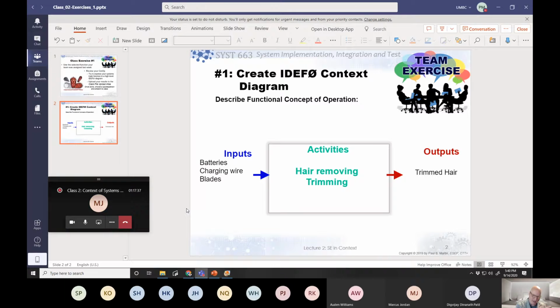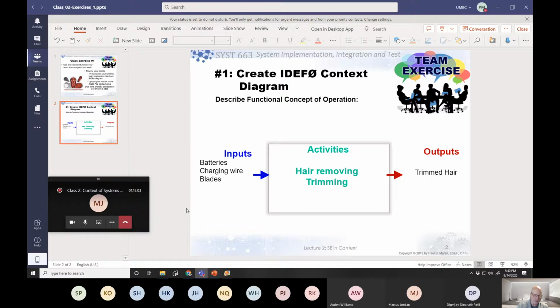You're trying to impact your environment. So your environment is hair, right? Your activity is removing or trimming that hair. And of course, your output is hair removed, or cut hair, or something like that. So there are different ways to look at this. That's why I kind of wanted you to describe your concept that you did last week. Put that in here.